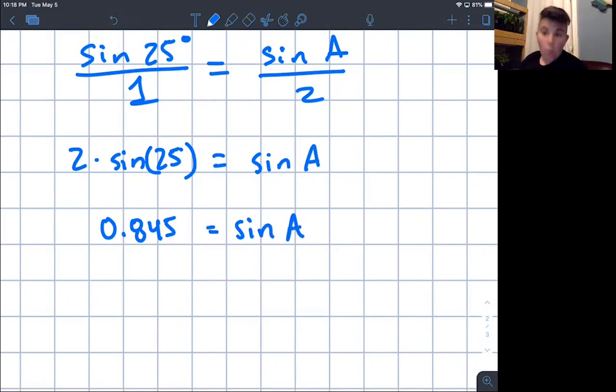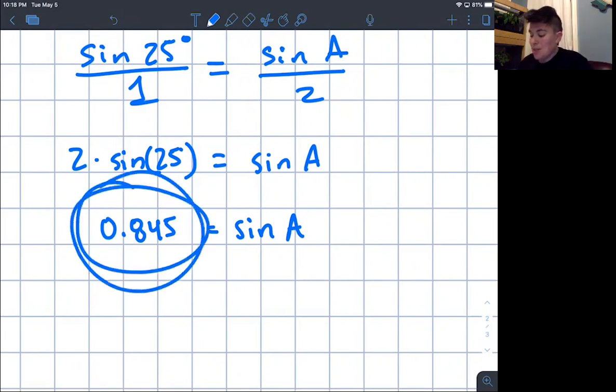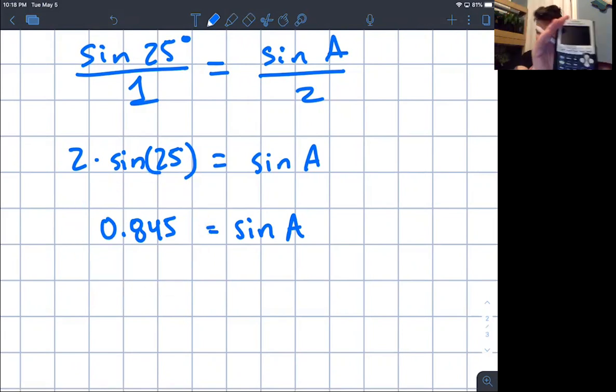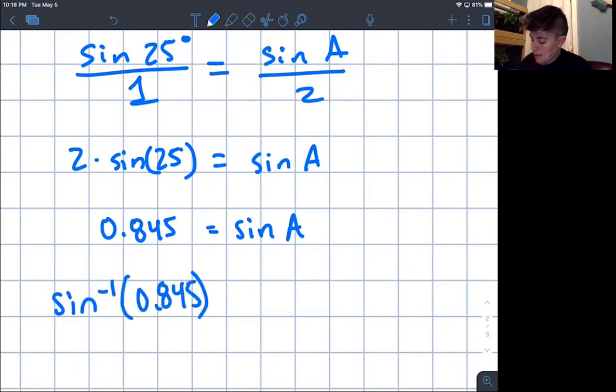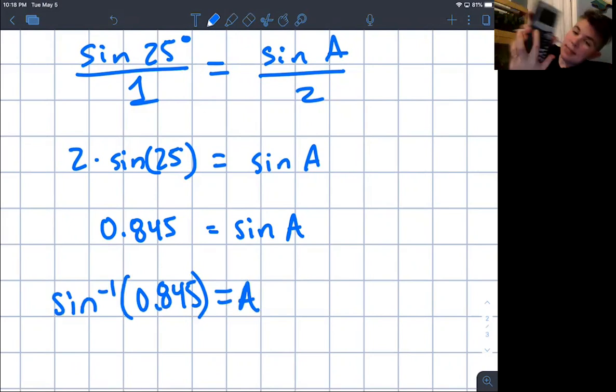Since I don't know what the angle is, I need to use the inverse sine function. This, to my knowledge, is not on the unit circle, so I have to use my calculator. To find A, I'm going to take the inverse sine of 0.845 equals A. I hit second, sine, and then 0.845, and that is 57.67.